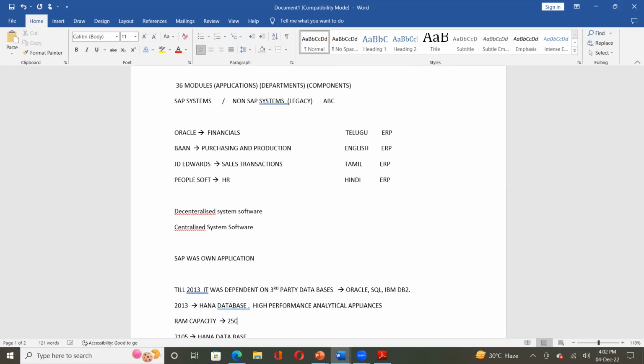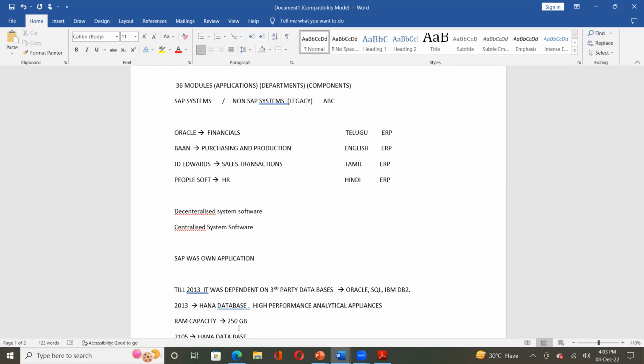It's not hard disk. Normally, how much RAM do we have in our systems? Hardly 4 GB or 8 GB in our laptops, or 16 GB max. But to install SAP on the HANA database, we require a minimum of 250 GB RAM, which only supercomputers can do, not normal computers.